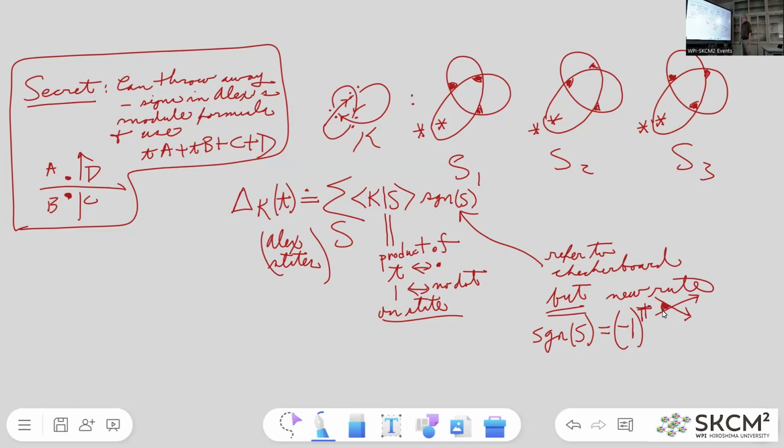I called them black holes for fun. Okay? -1 to the number of black holes in the state. So what is the sign of this state? Well, we have to orient the state. It becomes a purely combinatorial formula in terms of the diagram.